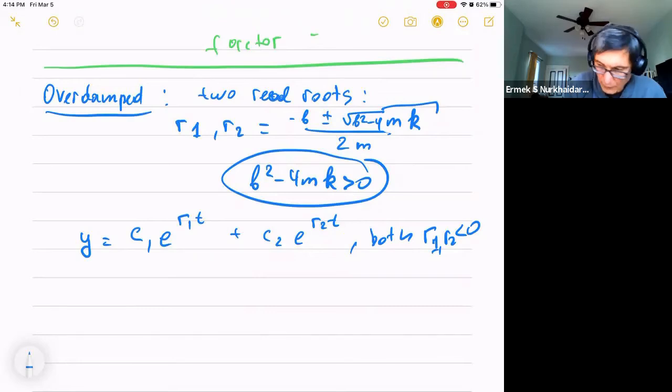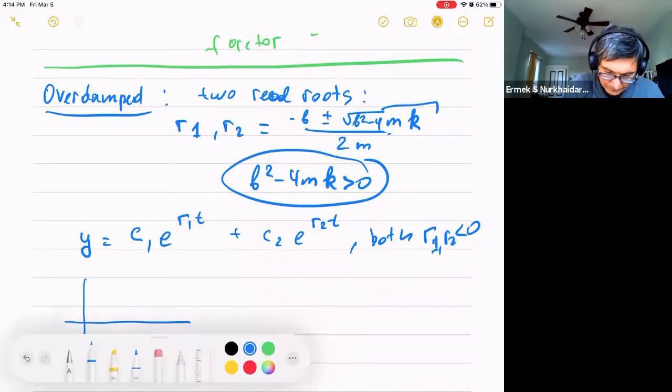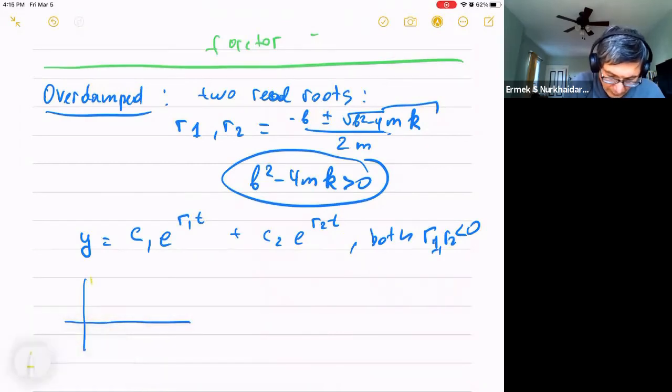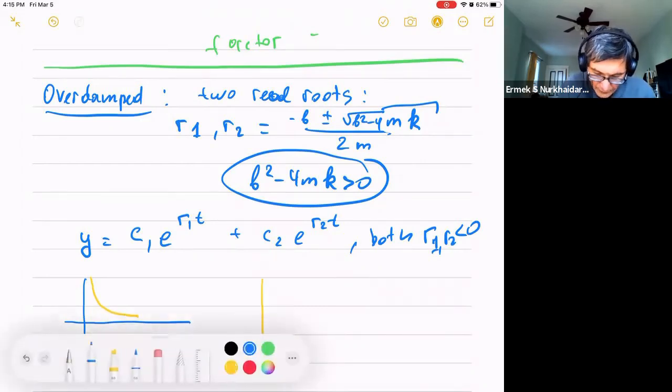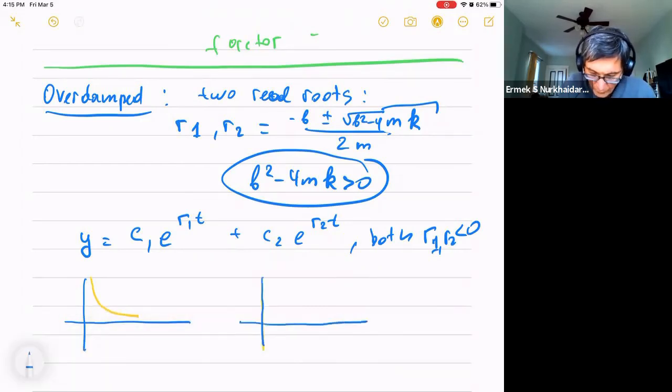So our solution might look, we have three possibilities. It might look like this, with no critical points. It might be pushed a little bit below, but then it's stabilized, so it will have a min.